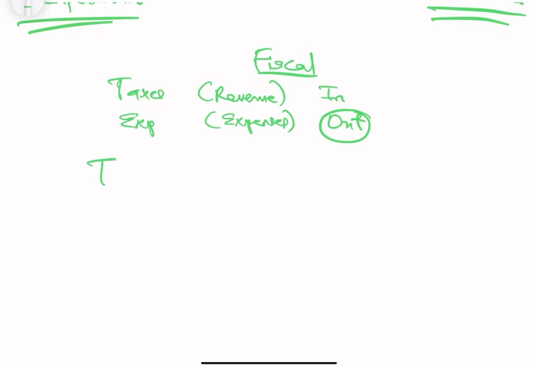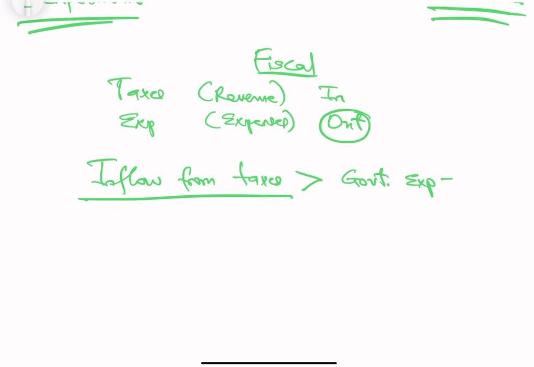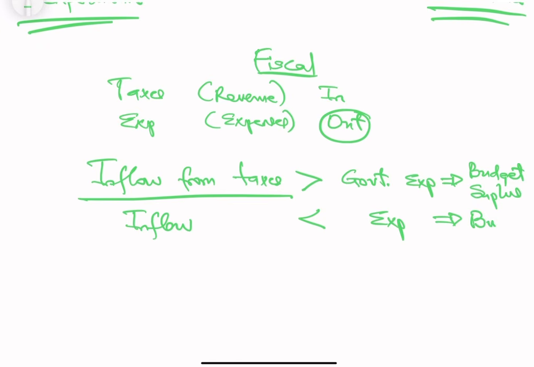When the inflow from taxes is greater than the government expenditure, which means there's more money available, that situation is what you call the budget surplus. If the inflow from taxes is less than the expenditure, then that means they are spending more than they are making. And that is what you refer to as budget deficit.